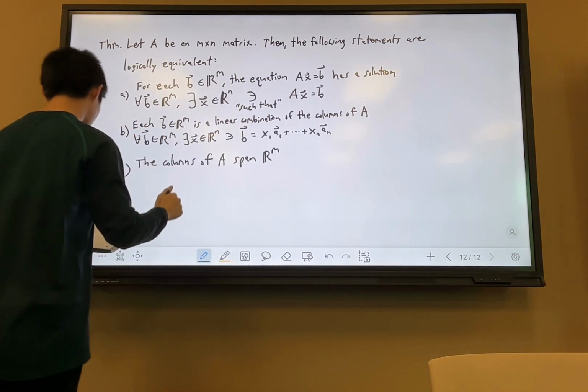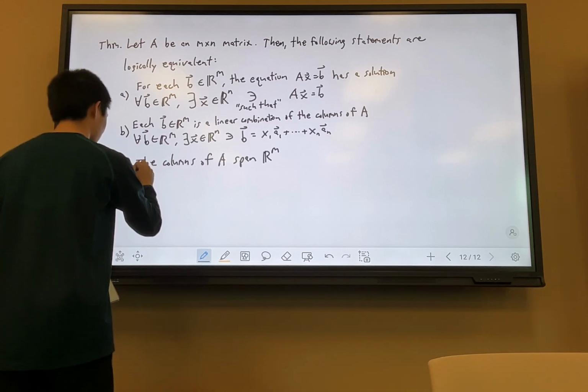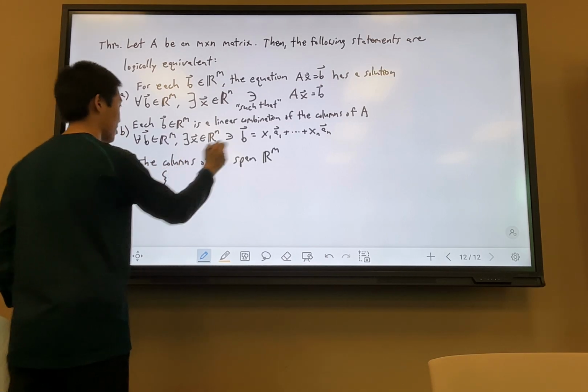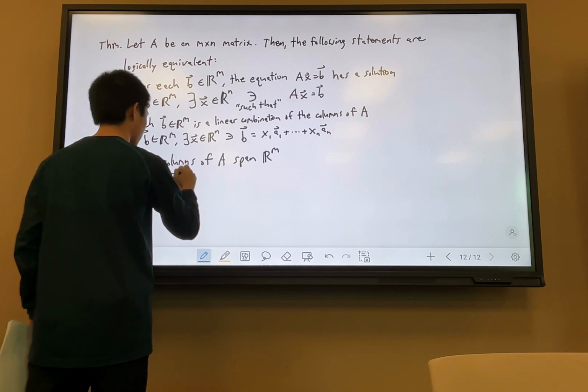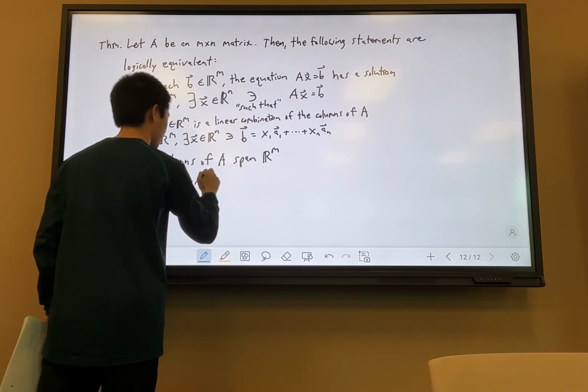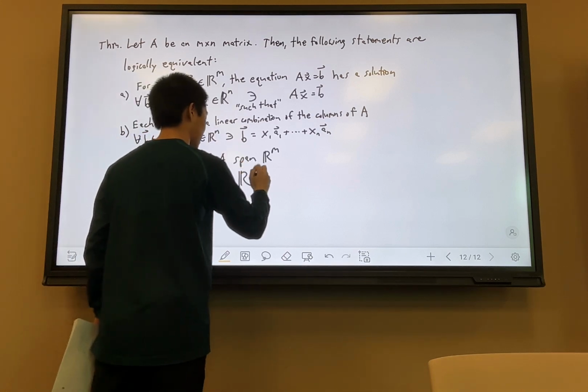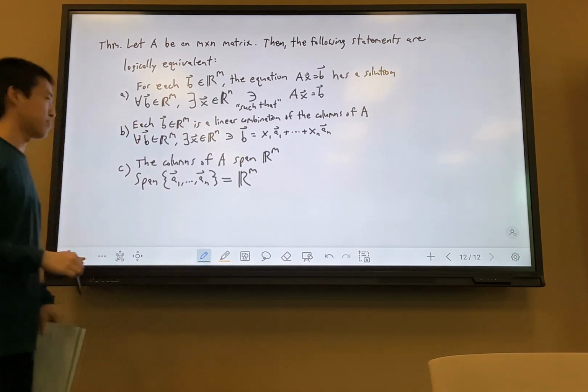So how do I want to say that in math? Basically, I could just say that the span of those columns, which we've been calling A1 through AN, should spit out Rm.